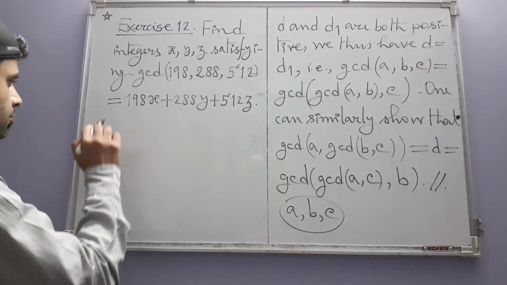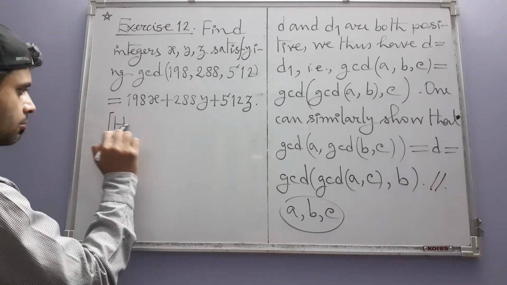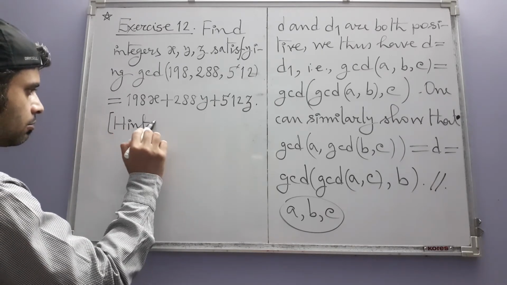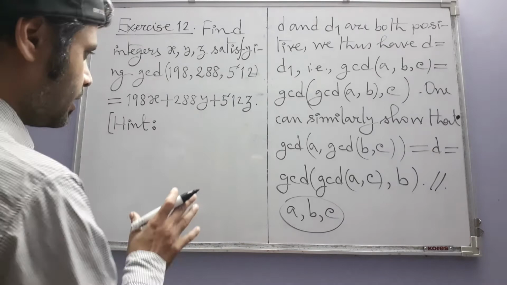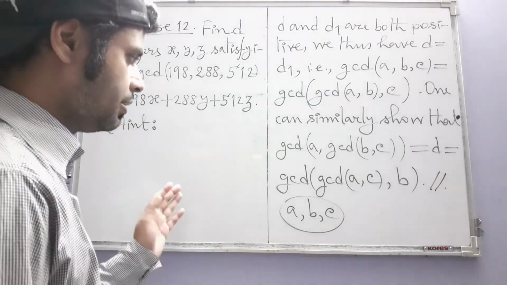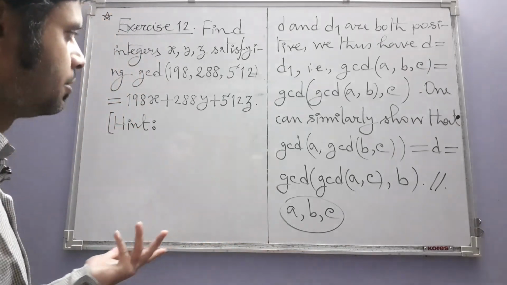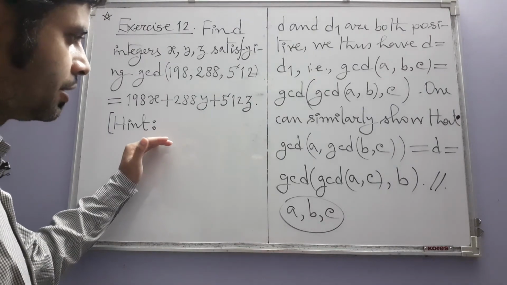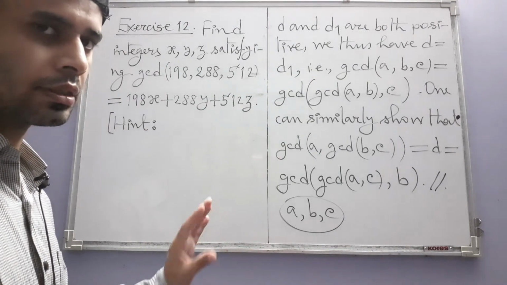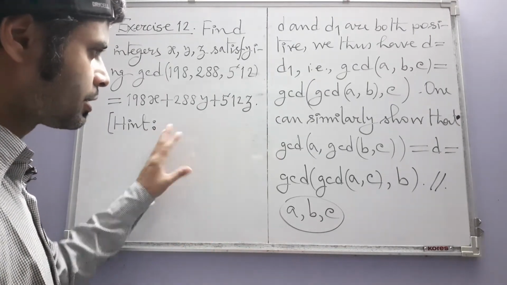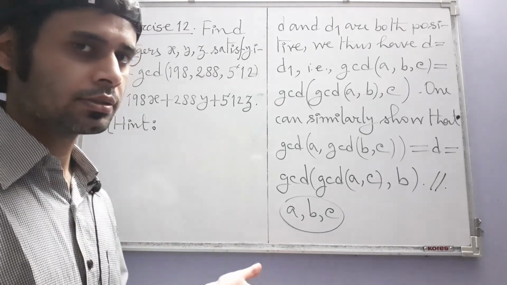And a hint, of course, is also given. It's not necessary that you always follow the hint whenever a hint is given, but usually it's better to follow the hint, because the authors do not just randomly give hints.